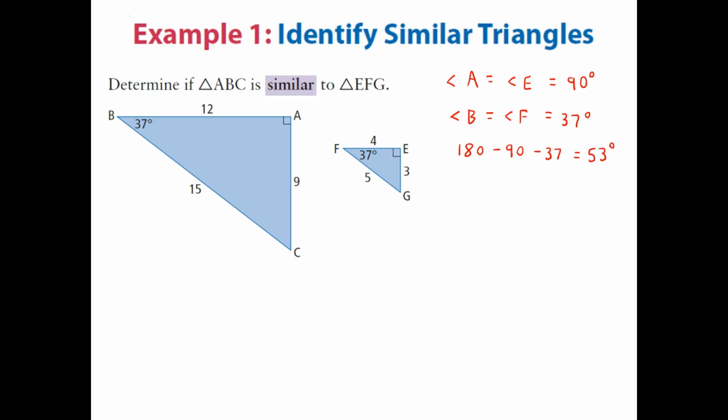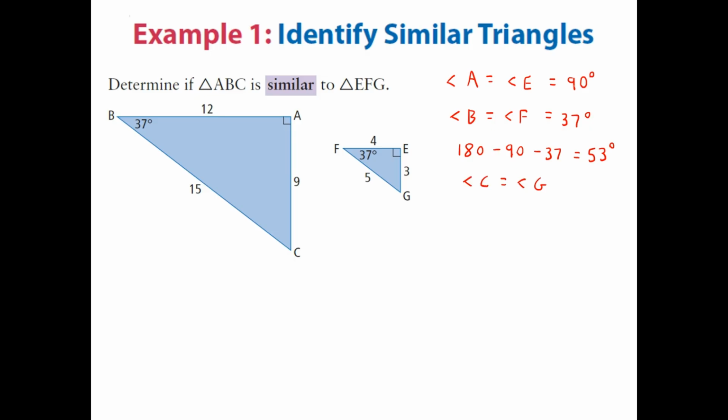However, since angle E and angle F are also the same, to find angle G, I would also subtract 90 and 37 from 180, and I would also get 53 degrees. Hence, angle C would be equal to angle G.